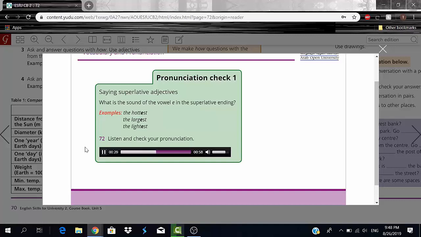The nearest. The hottest planet is Venus. The largest continent is Asia. Which suitcase is the lightest? January is usually the coldest month. Heathrow is the nearest airport to London.